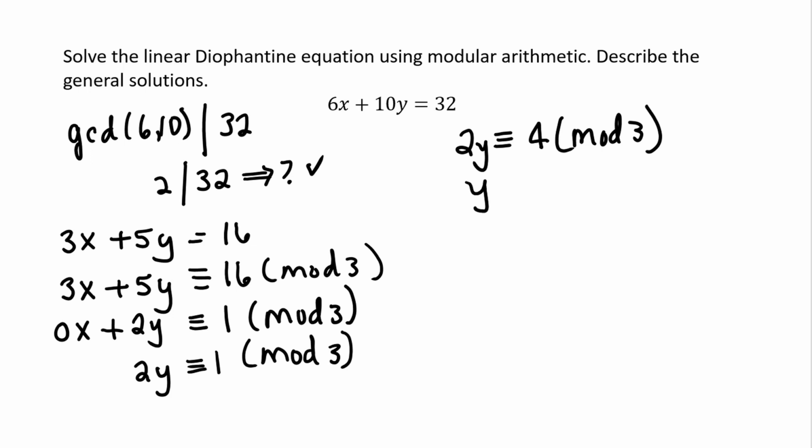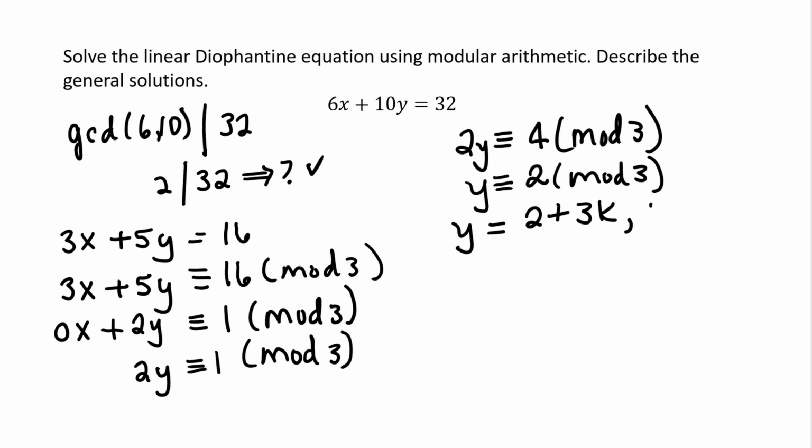And dividing by 2 on both sides, y is congruent to 2 mod 3. Now we can rewrite this as an equation, and you get y is equal to 2 plus some multiple of the remainder, 3k, for any k that's an integer.